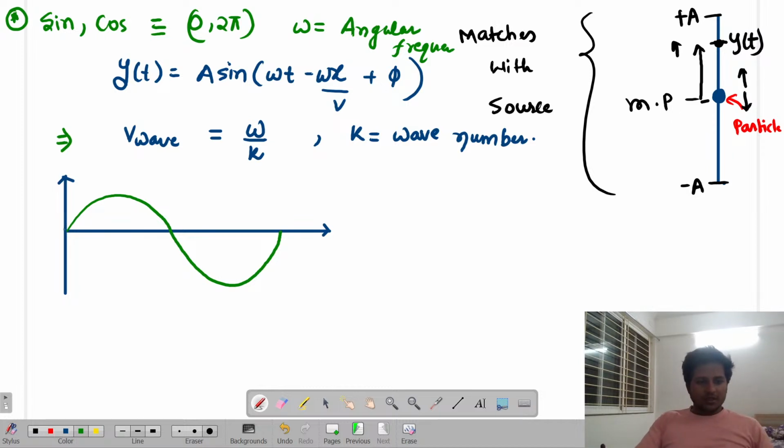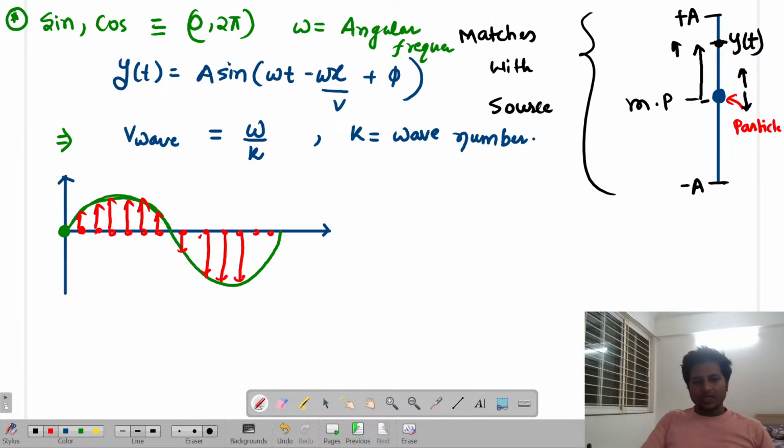Now look over here. This is my wave which is created from the source and it is propagating. The particles are on the x-axis and their displacements are shown by this wave diagram. From this crest and trough diagram I am able to tell where my particle is right now.